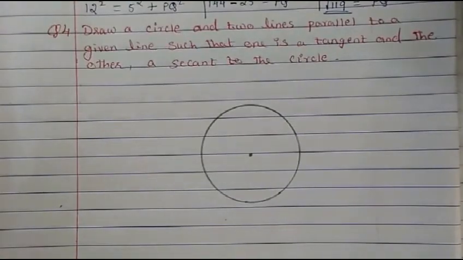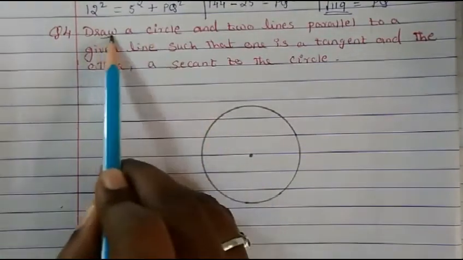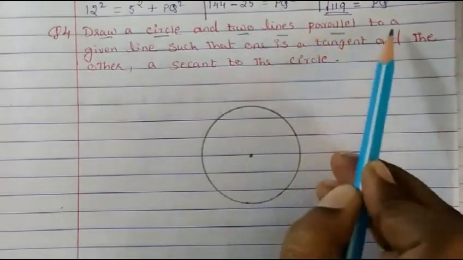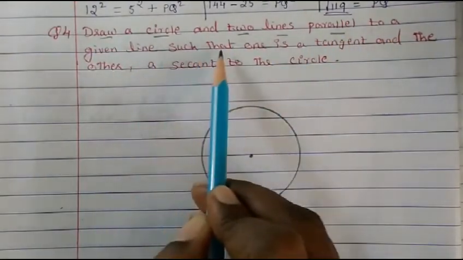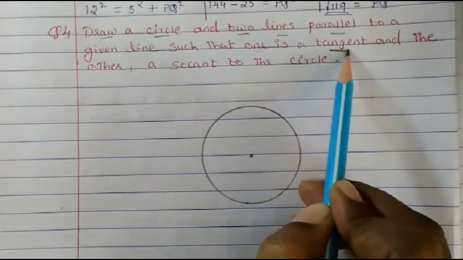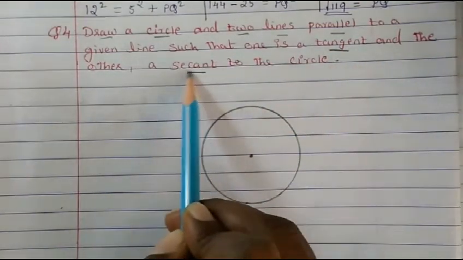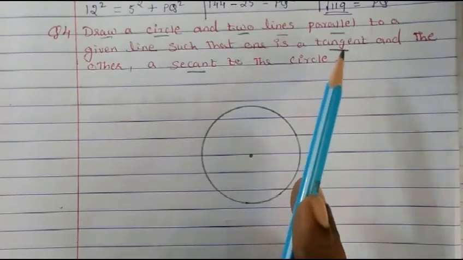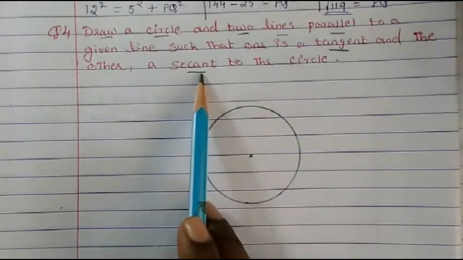So I have drawn a circle. We have to draw two parallel lines, but one should be a tangent and the other one should be a secant.